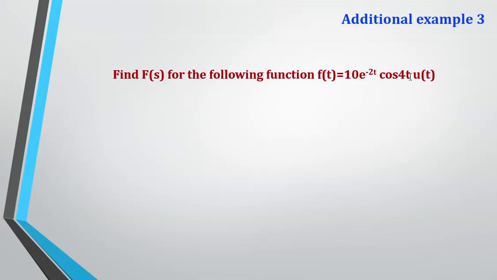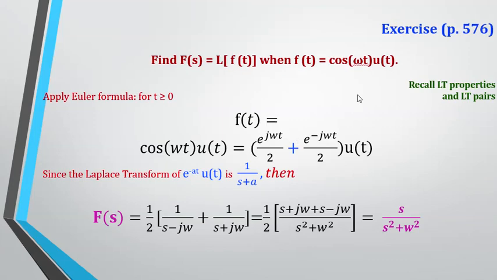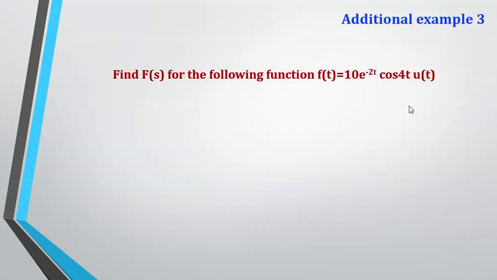Actually, in a way, for cosine of 4t u(t), you already know the answer, right? Because in the previous example, we already figured out the Laplacian of cosine of omega t u(t). It's going to be s over s square plus omega square. So as you can guess, for cosine of 4t, omega is 4. So it's going to be s over s square plus 16, right?